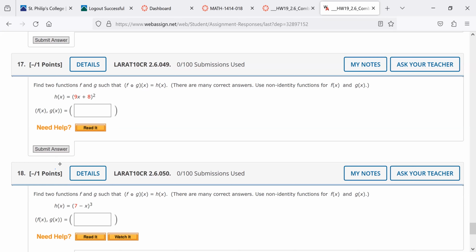Fine, for 17, we kind of want you to create h on your own. What would be the f and g to create h? Which two functions would you give them to create what they gave us?